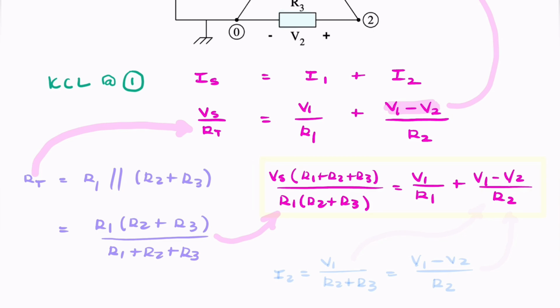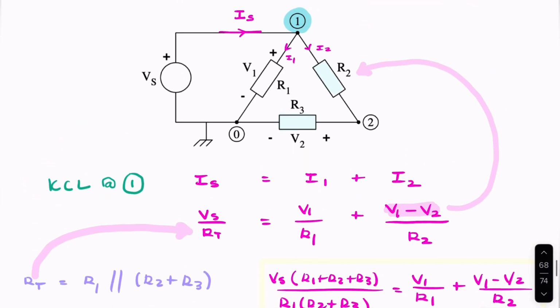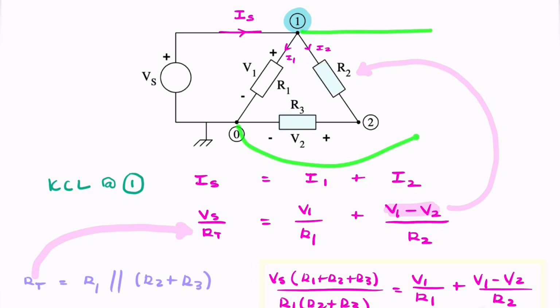We can also add one additional equation to say that I2 is also V1 divided by R2 plus R3. So the current I2 is equal to the potential difference V1 divided by this total resistance of R2 plus R3.